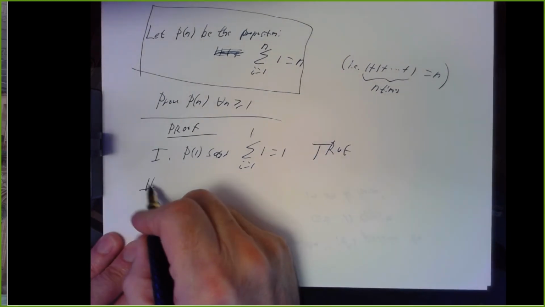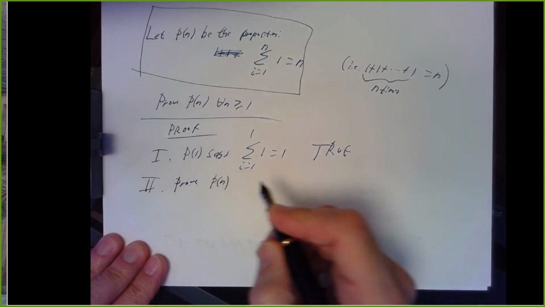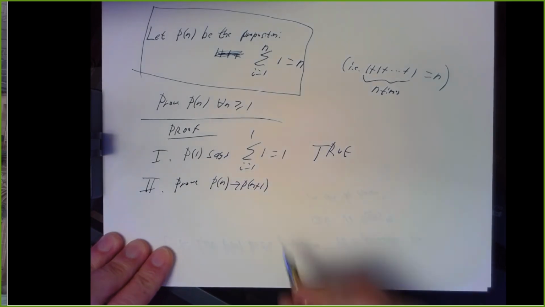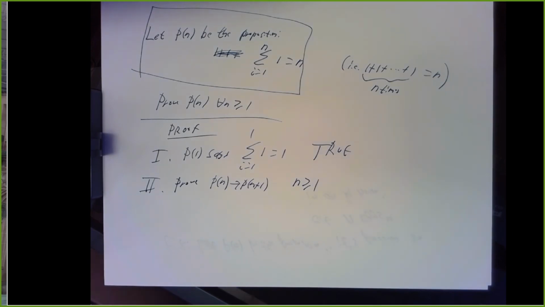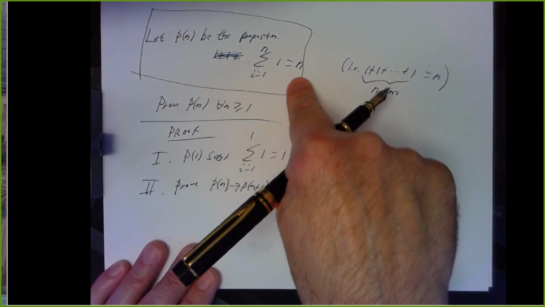Alright, step 2 says we have to prove that if P of n is true, then P of n plus 1 is true, where n is some integer bigger than or equal to 1. I'm not going to prove that the sum from i equals 1 to n of 1 is equal to n.